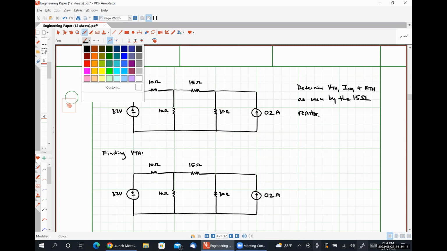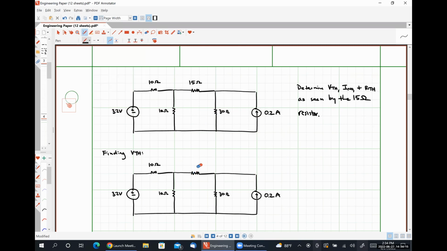In order to find the Thevenin equivalent with respect to the 15 ohm resistor, we remove the 15 ohm resistor and it leaves behind a set of open circuit terminals. Our Thevenin voltage is the voltage drop across this open circuit set of terminals where the 15 ohm resistor used to be.